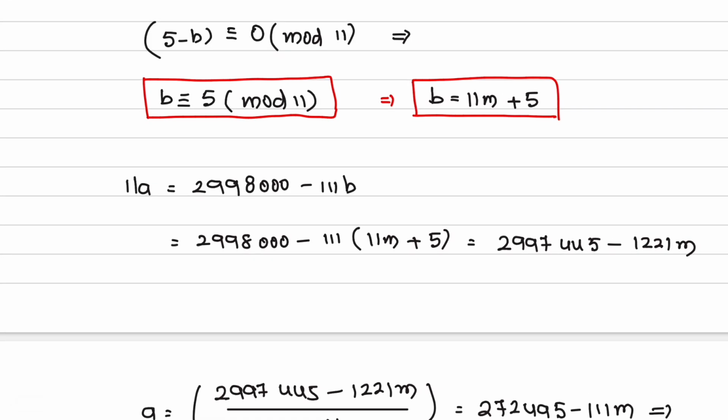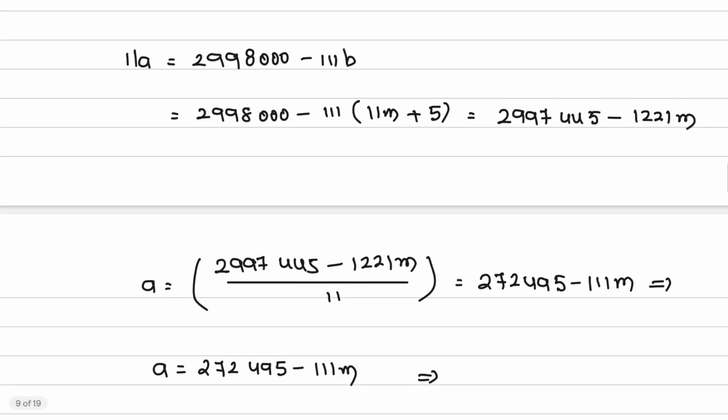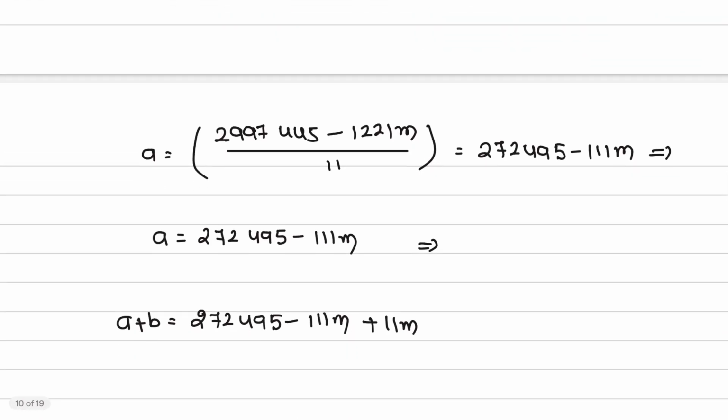B is equal to 11m plus 5, which implies A plus B is equal to 272,495 minus 111m plus 11m plus 5.